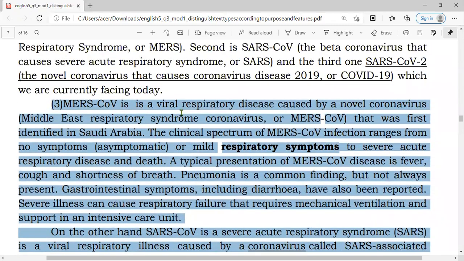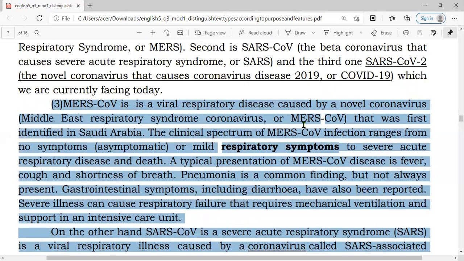MERS-CoV is a viral respiratory disease caused by a novel coronavirus, Middle East Respiratory Syndrome coronavirus, or MERS-CoV, that was first identified in Saudi Arabia. So that's the first. The clinical spectrum of MERS-CoV infection ranges from no symptoms at all.